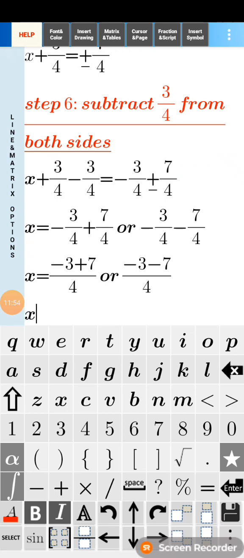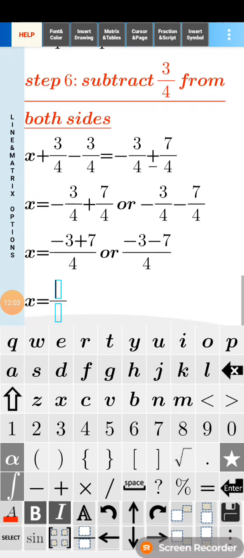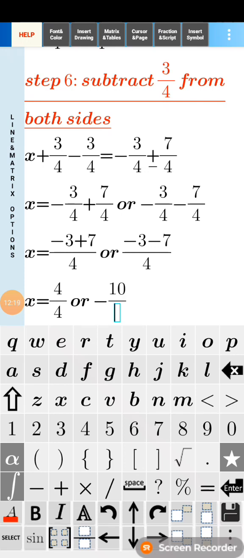So x is equal to minus 3 plus 7 gives me 4, gives me 4 over 4, or minus 3 minus 7 gives me minus 10 over 4.